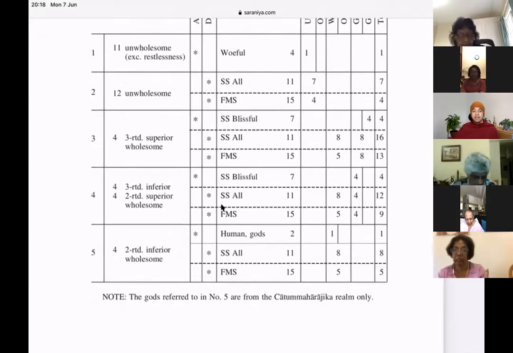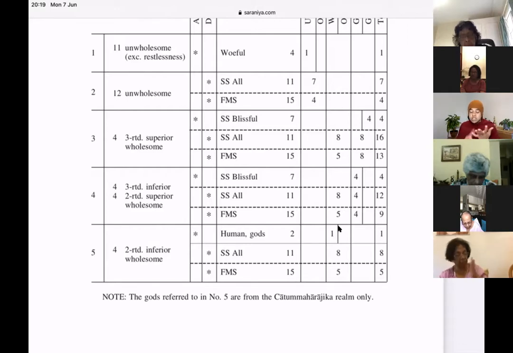Now let's go down. FMS, fine material sphere. These can arise during the time of life within the fine material sphere plane. How can it arise? We have 5. How do we have 5? These are because of the faculties available within the fine material sphere.